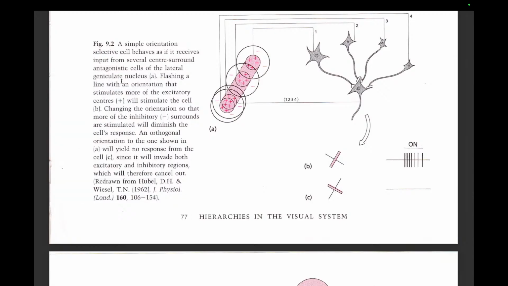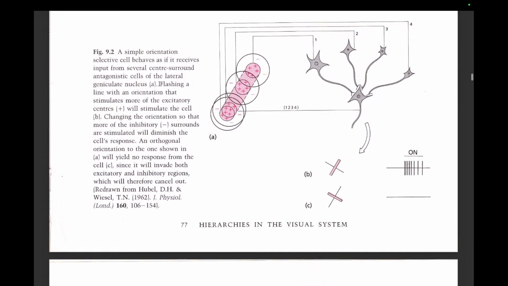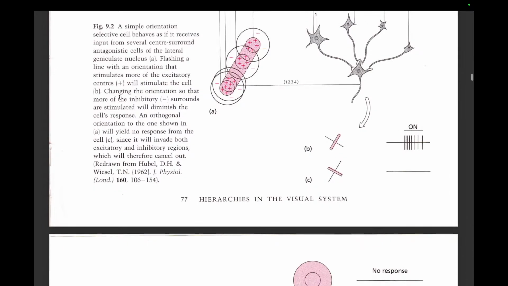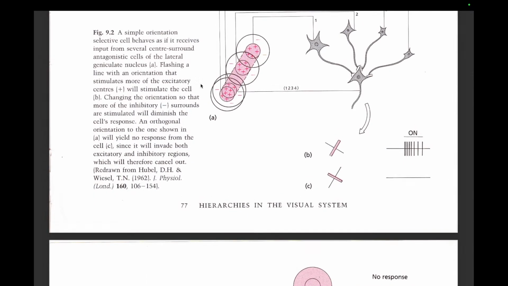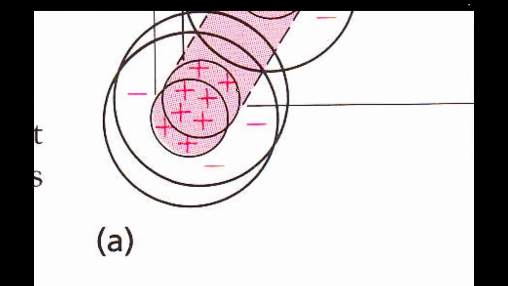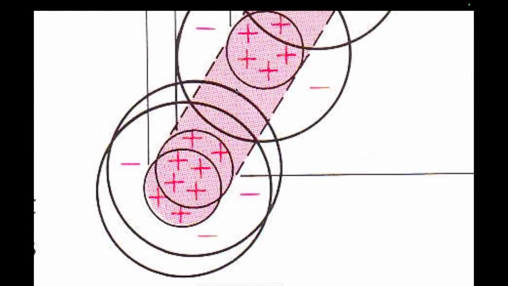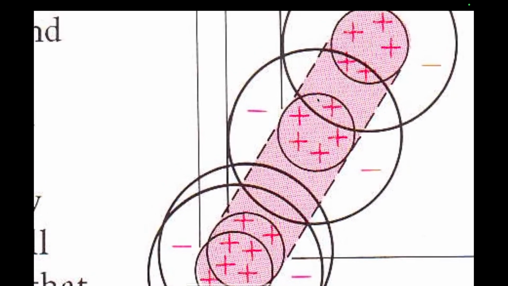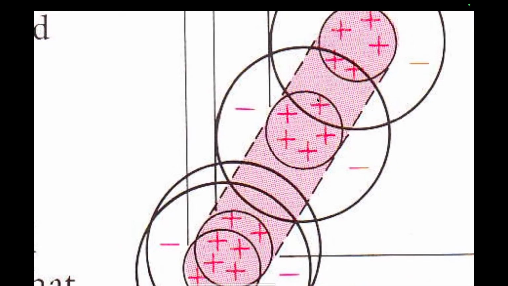Cells of the lateral geniculate nucleus, flashing a line with an orientation that stimulates more of the excitatory centers, plus, will stimulate the cell. So all these plus regions you can see, these are going to produce the neuronal firings that we were speaking about earlier in the stream.